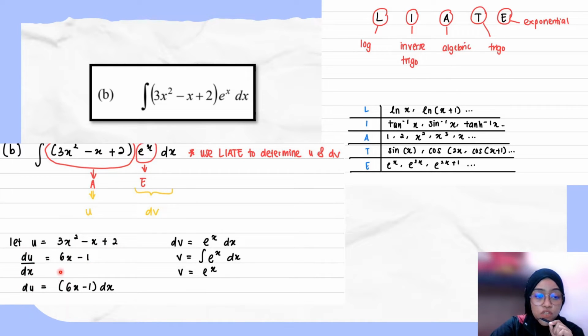The du over dx for this is 6x minus 1, because the power of 2 is multiplied with 3 to get 6, and 2 minus 1 gives x. For x, the power of 1 minus 1 gives 1. So du equals (6x minus 1) dx.